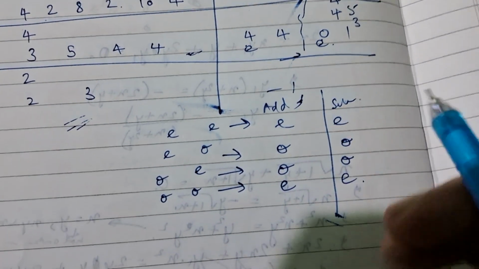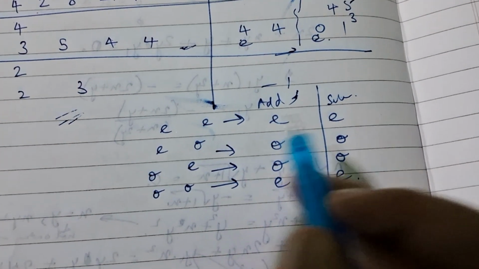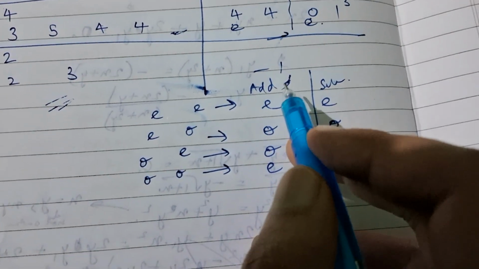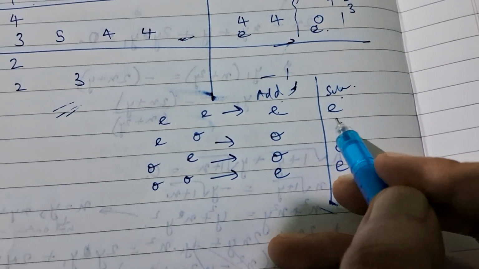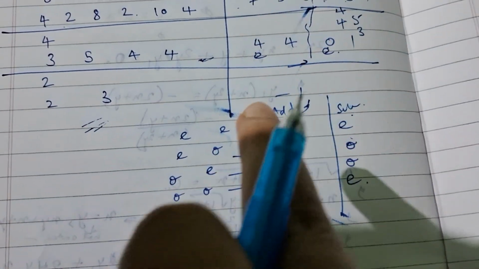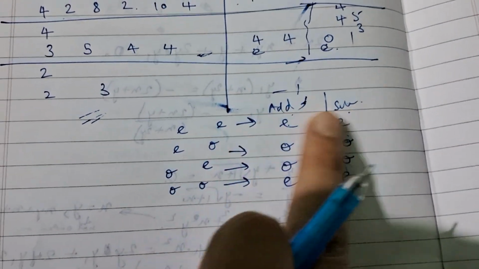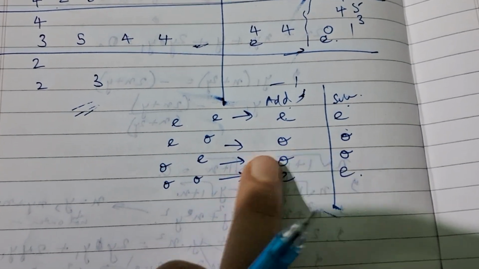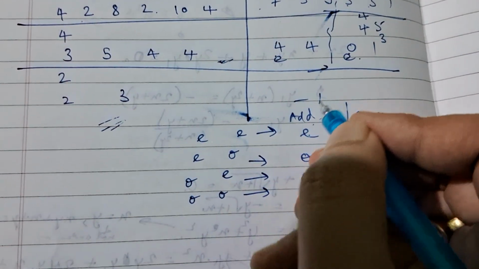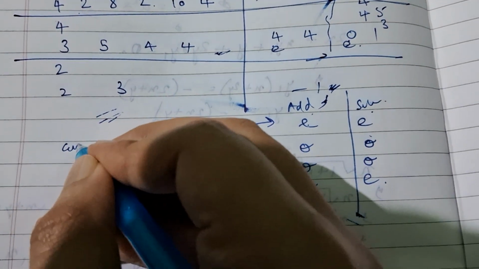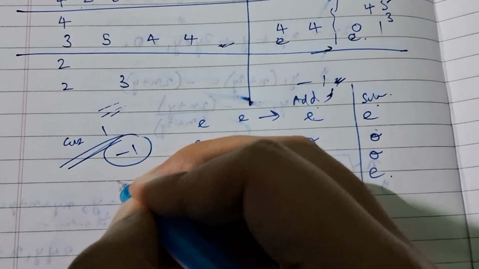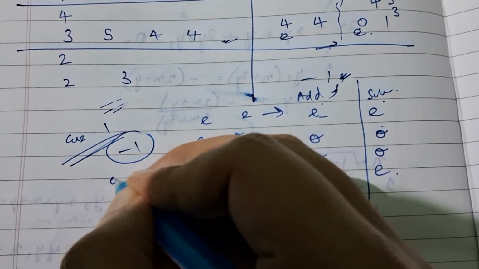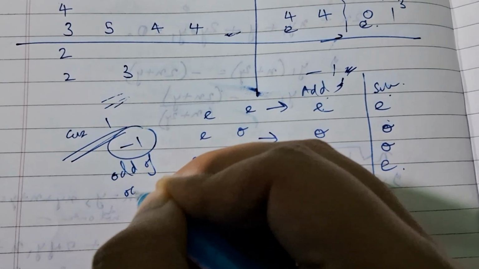So you can see there is a very good similarity: whatever is the parity of the addition is also the parity of the subtraction. That means the number of even numbers should be even and the number of odd numbers should be even. So case 1 is when we will print -1: when there is an odd number of odd numbers.